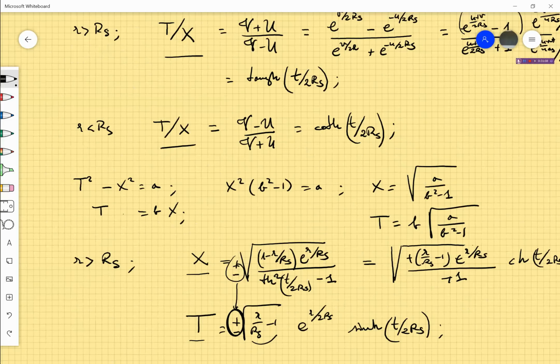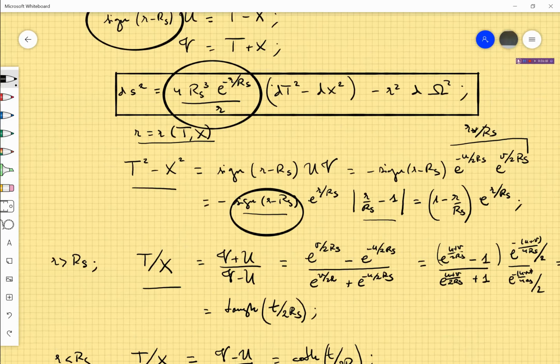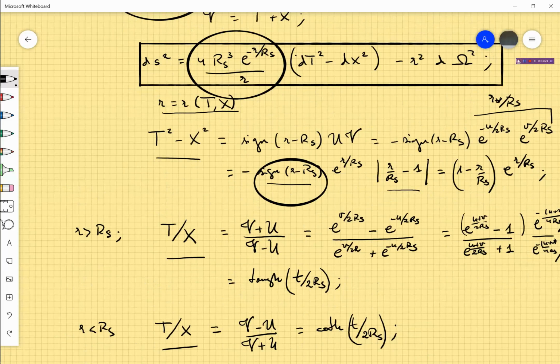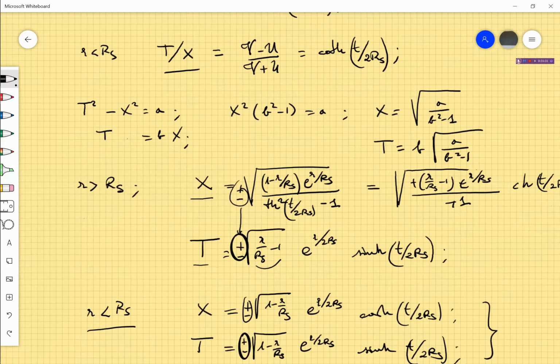Okay, you know that this is going to happen because r is dividing. But the only place you should worry about in principle is r equal to Rs. These functions are regular there, but it might happen that this function r as a function of T and X has a problem. It shouldn't, but okay, you can check that there isn't.